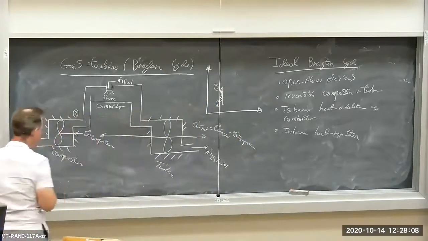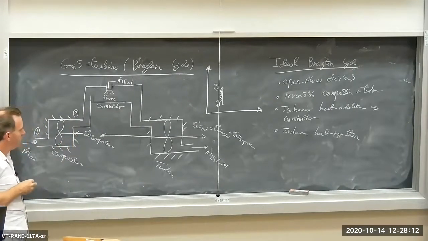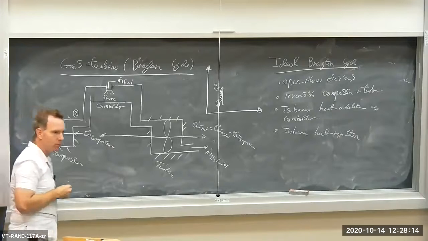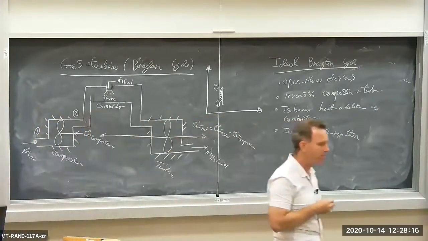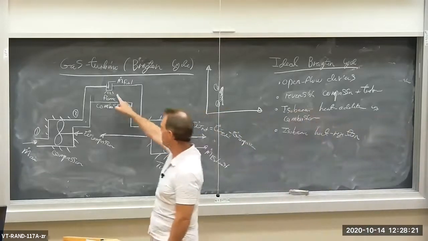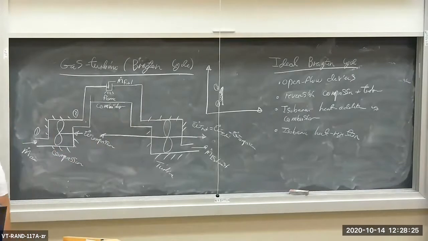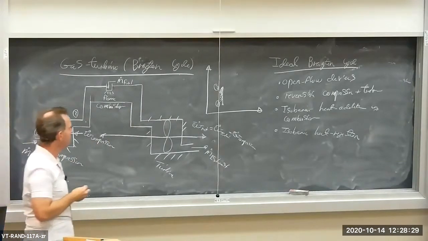In the compressor. And then the compressed air is fed into a combustor, which is approximately an isobaric device where fuel is injected and then burns. So this is a heat addition process occurring inside the combustor.